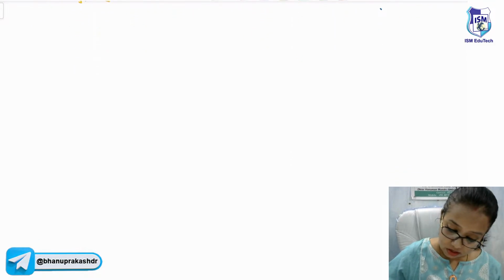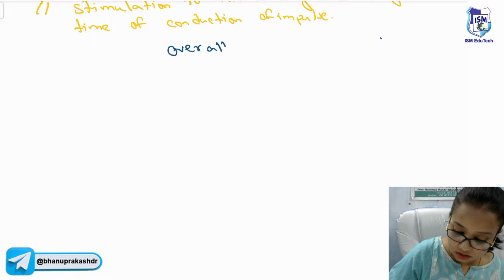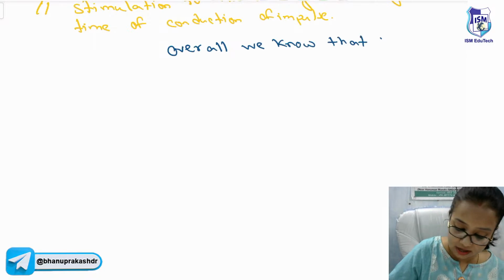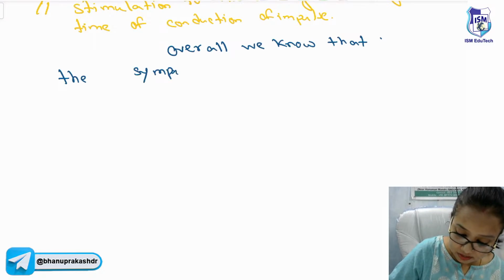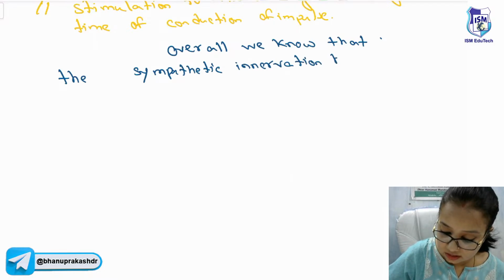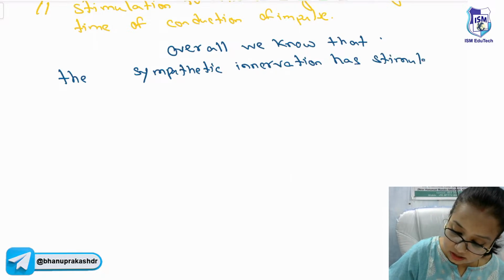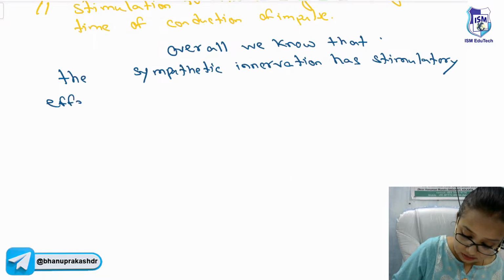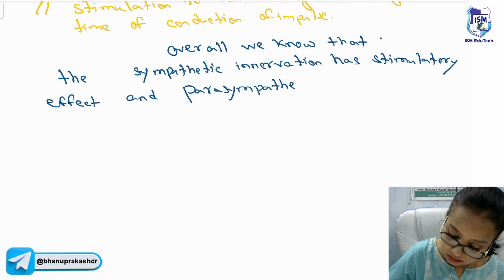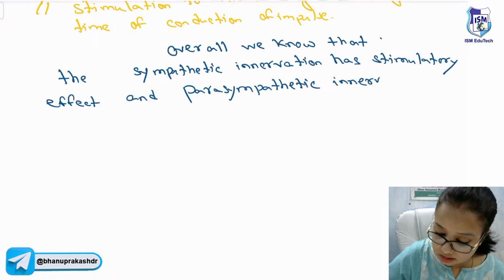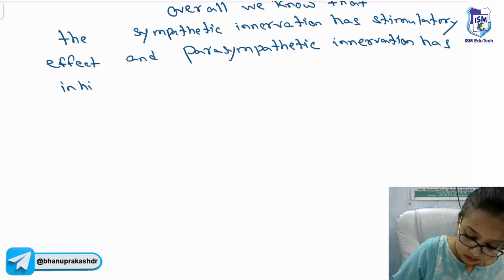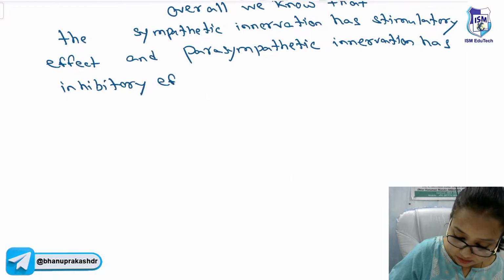Now overall, we know that sympathetic innervation has a stimulatory effect and parasympathetic innervation has an inhibitory effect.